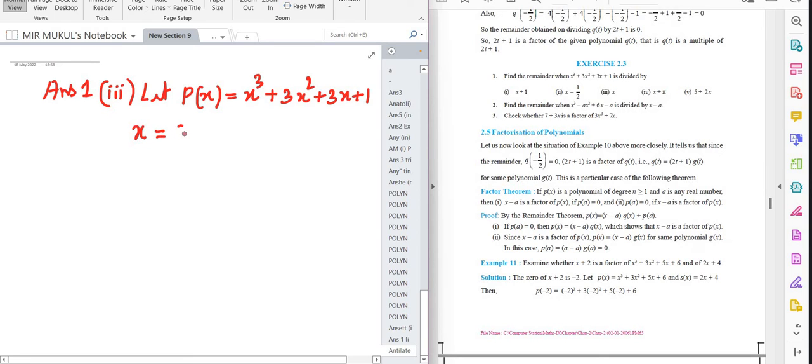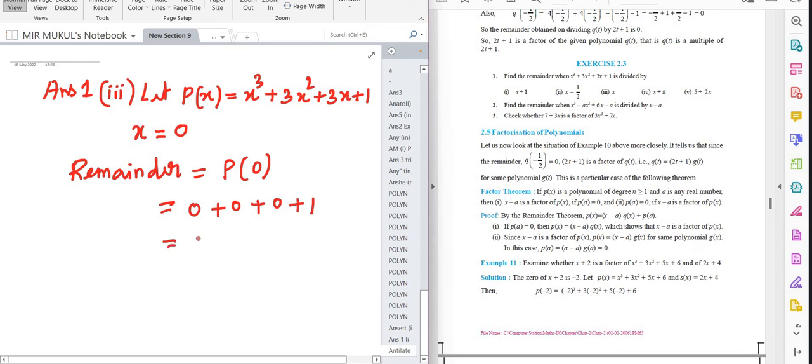That means x equals 0. So remainder will be P(0). Now P(0): first term is 0, second term also 0, third term also 0, plus 1. So remainder we are getting 1.